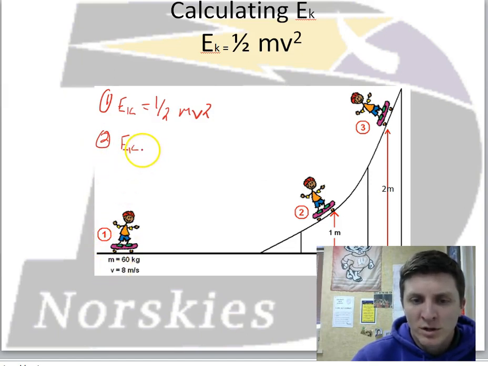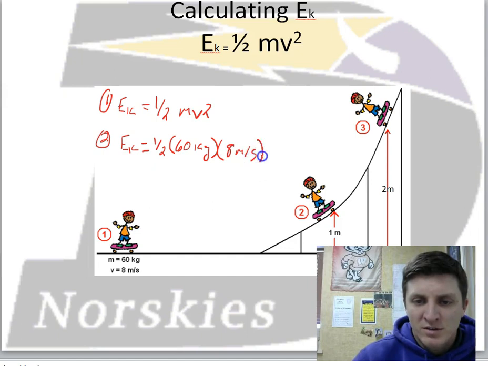All right, position one, we know it's going that fast at that moment in time with those data points. So take a half, and I'm going to put that in parentheses. I'm going to say the mass is 60 kilograms. And then the velocity or speed is going to be 8 meters per second. And that value is squared.